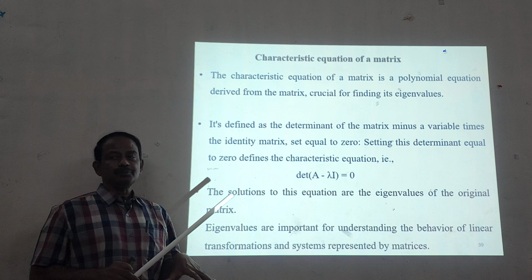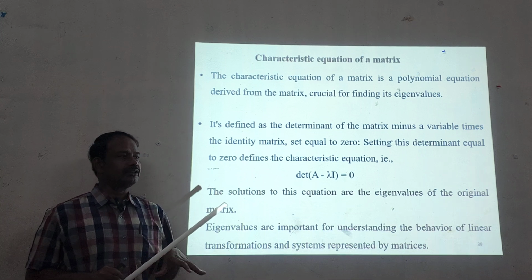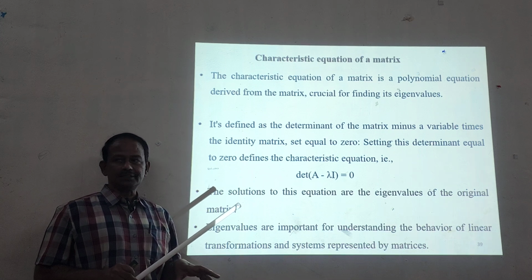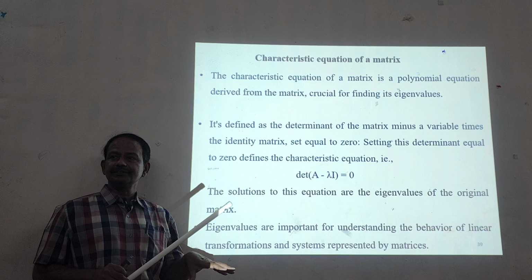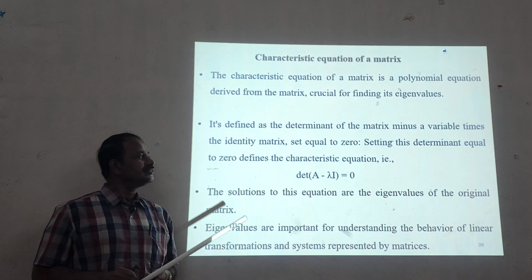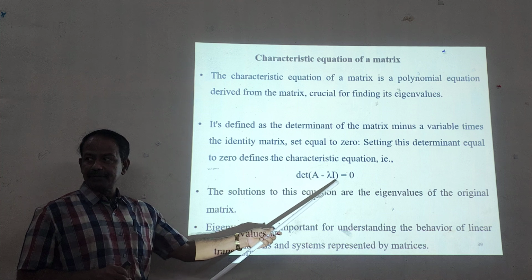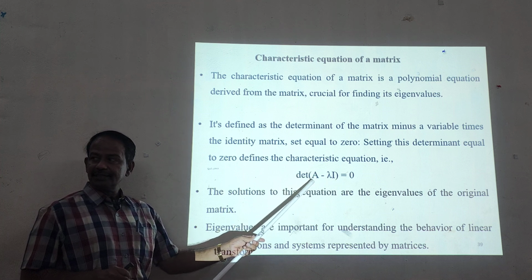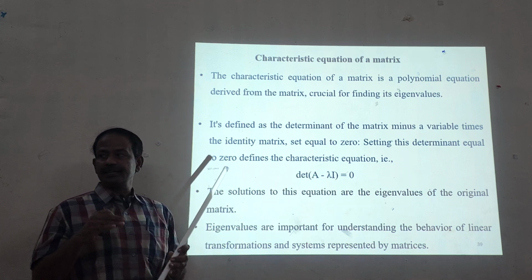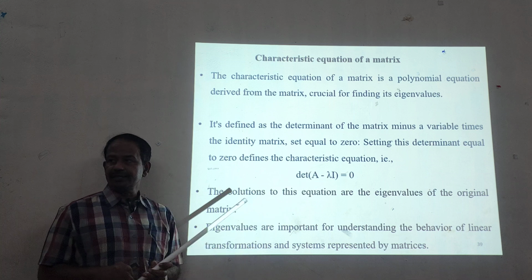So eigenvalues are proper values. We are able to get some solutions from the matrix using the characteristic equation. The form of the characteristic equation is det(A minus lambda I) equals 0, where A is the matrix, lambda is some scalar, and of course I is an identity matrix.